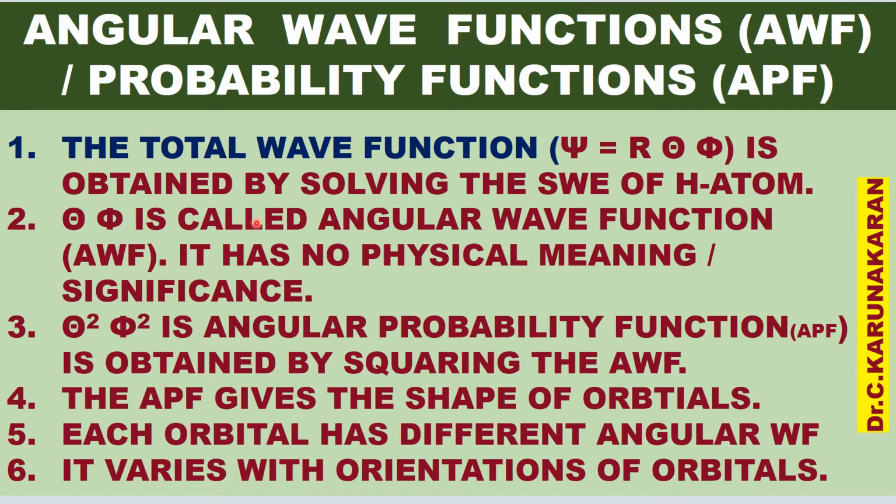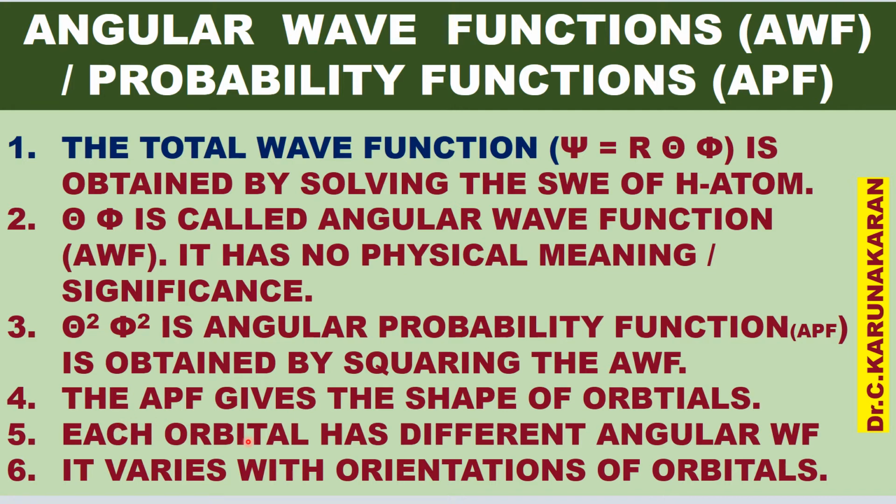The angular wave function has no physical meaning or significance, whereas the angular probability function has physical meaning and significance. It is obtained by squaring the angular wave function, theta square phi square. The plotting of the angular wave function gives the shapes of the various atomic orbitals.